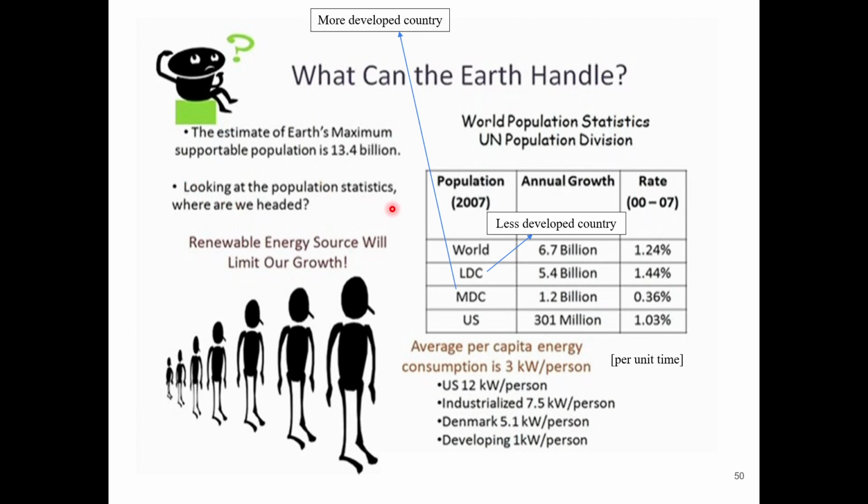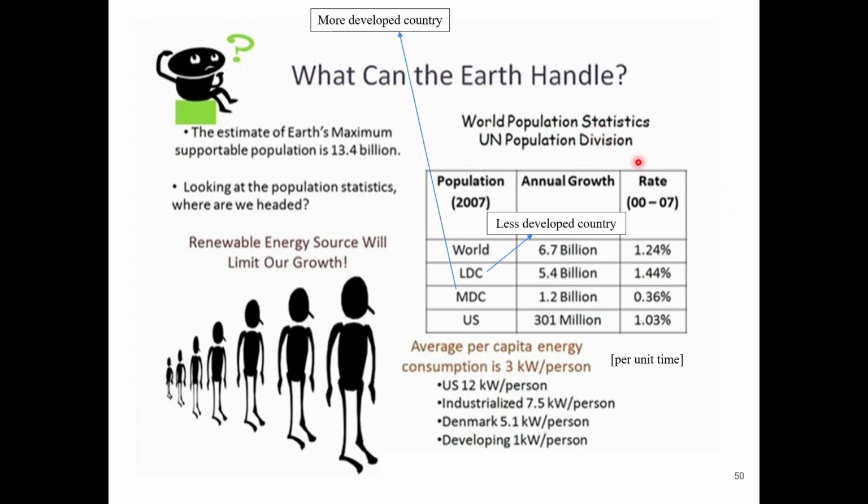Also, using renewable energy sources will limit our growth, because they are very costly and not as efficient as non-renewable energy sources as of now. Things may improve, and it definitely will improve in the future.